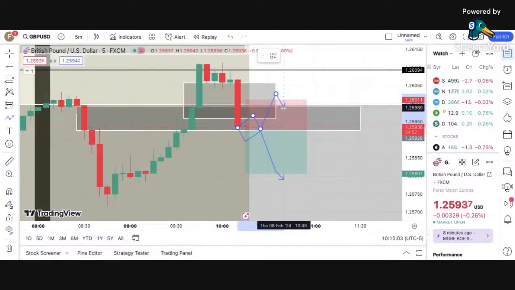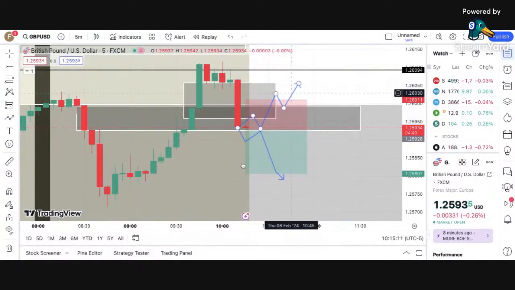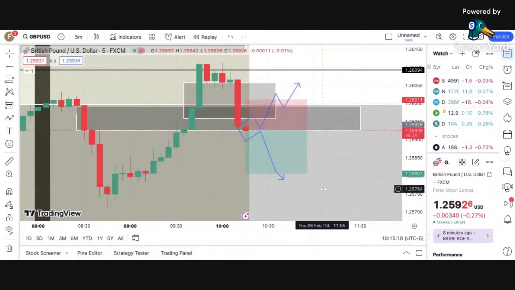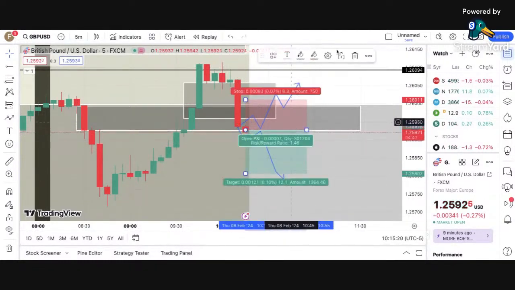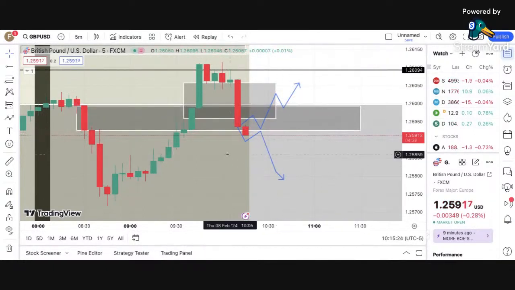I will make my trade off of this entry right here to take it back up, if it was to want to go up. To go down, I needed it to come down, retest, then go down. That's how I use the gaps.